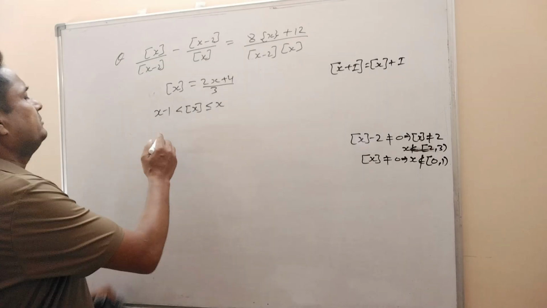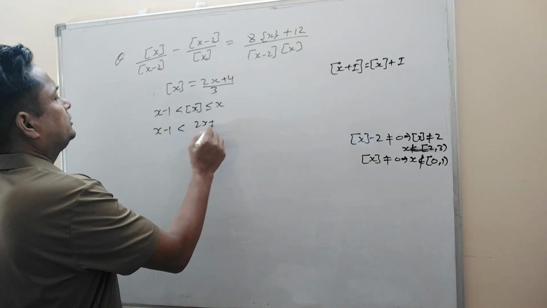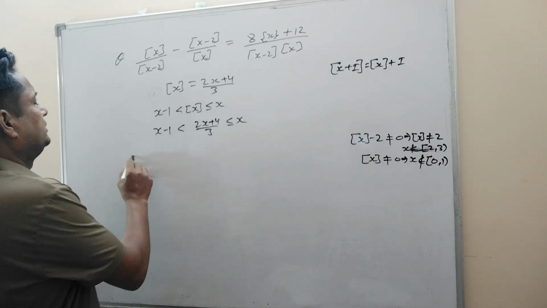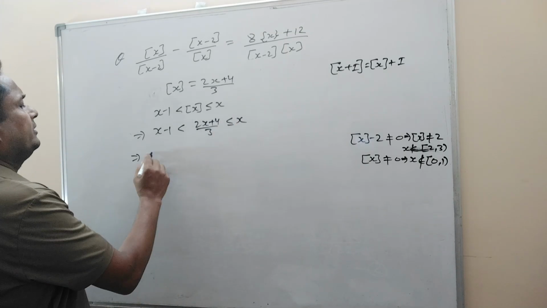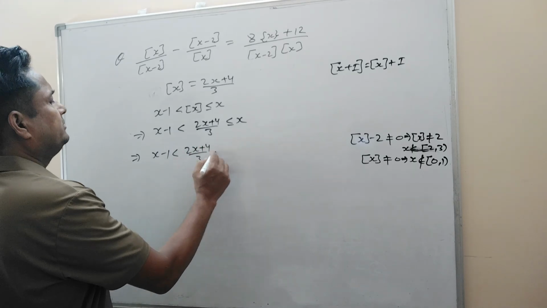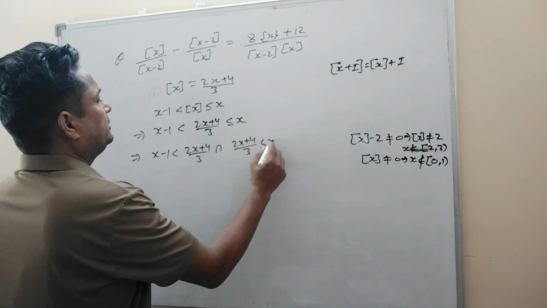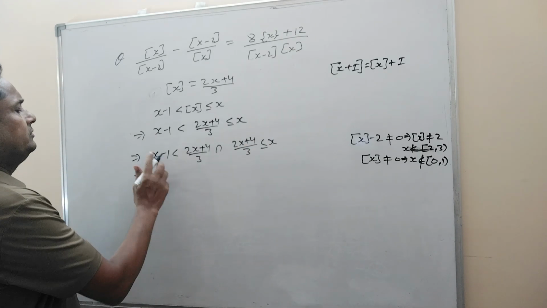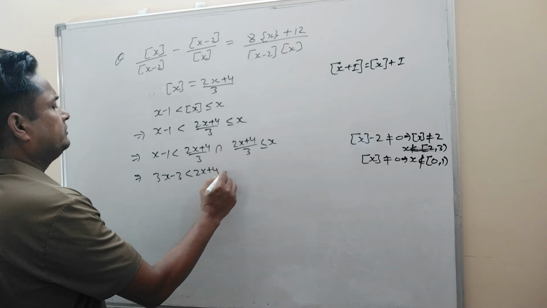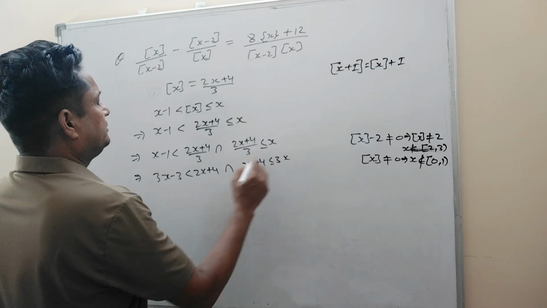So this one can be written as x minus 1 less than greatest integer, 2x plus 4 by 3, less than or equal to x. So x minus 1 is less than 2x plus 4 by 3, intersection 2x plus 4 by 3 less than or equal to x. So 3x minus 3 less than 2x plus 4, intersection 2x plus 4 less than or equal to 3x.